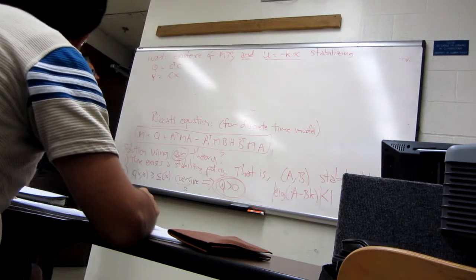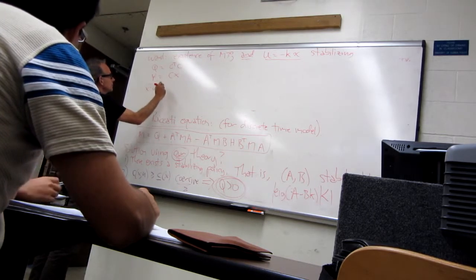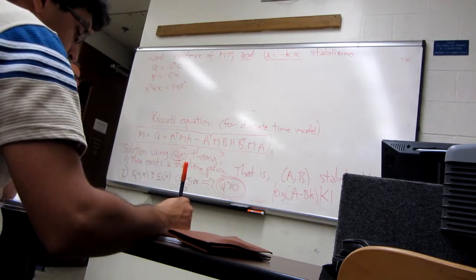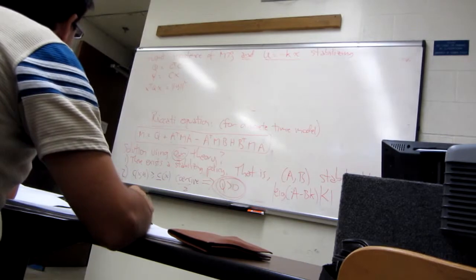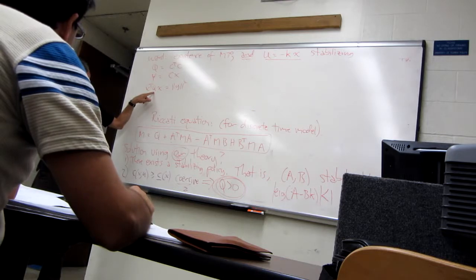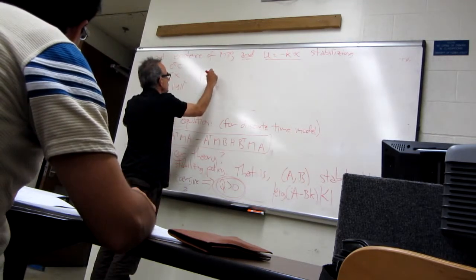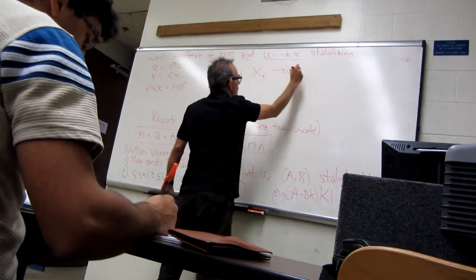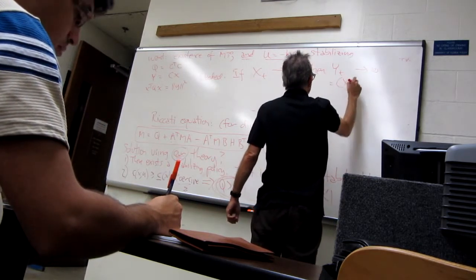Like x transpose Qx. What I want to know is that if the state blows up, I want to see it in the cost. That's the idea.